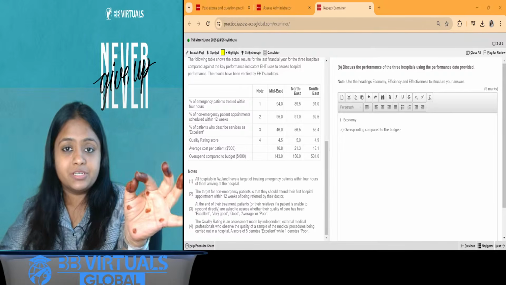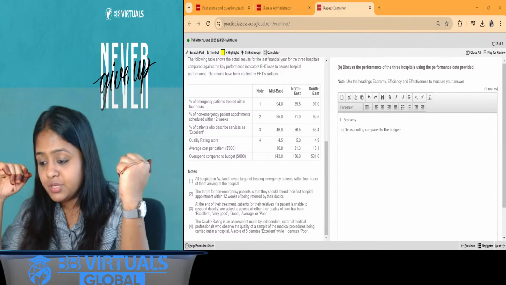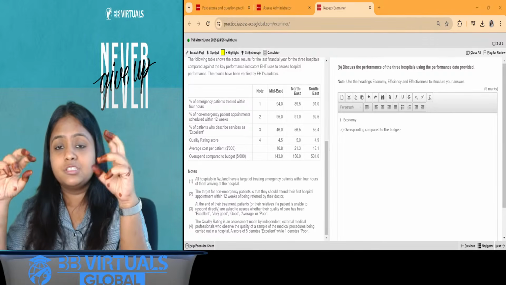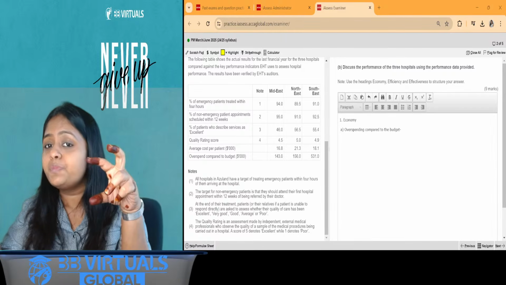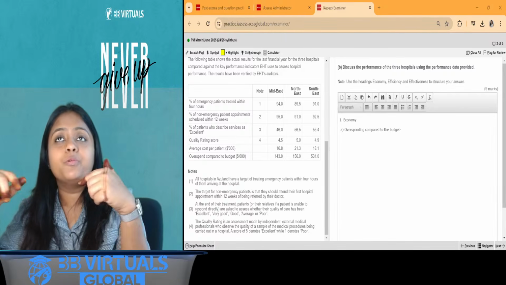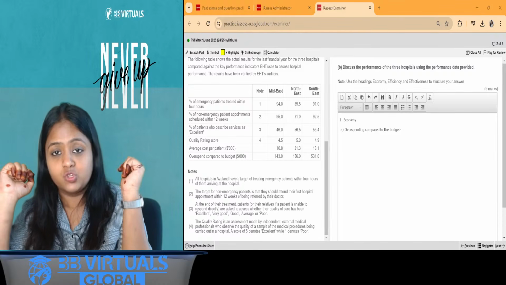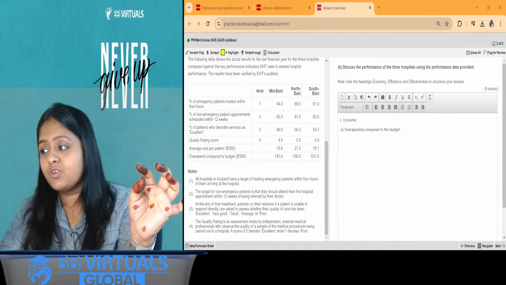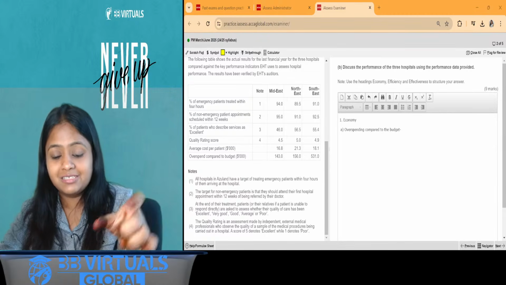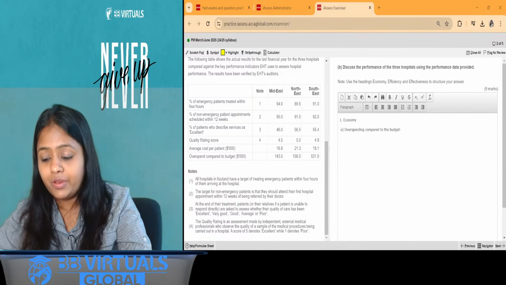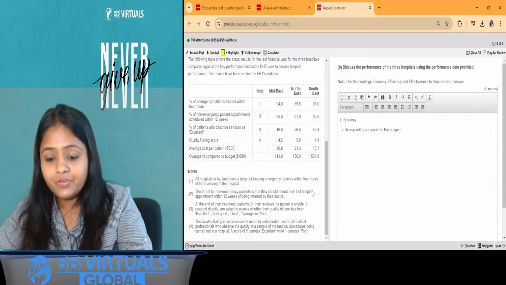Now the next pointer that you mentioned, average cost per patient. But you know what? This average cost per patient can be used as a tool in economy, in efficiency, and effectiveness also. How? When you look at the question, average cost per patient is my second point.